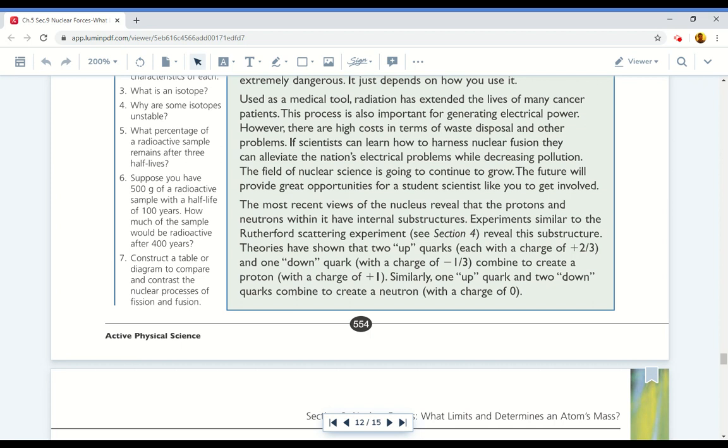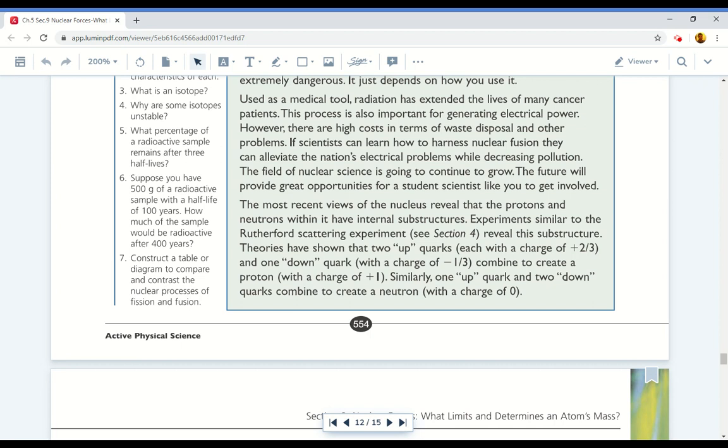The most recent views of the nucleus reveal that the protons and neutrons within it have internal substructures. Experiments similar to the Rutherford scattering experiment in section 4 reveal this substructure.